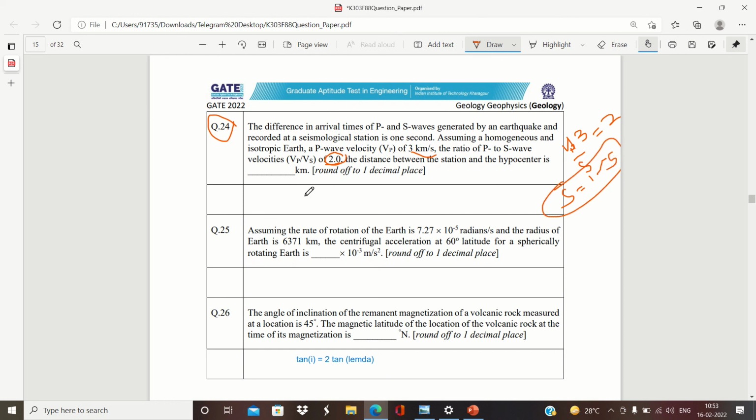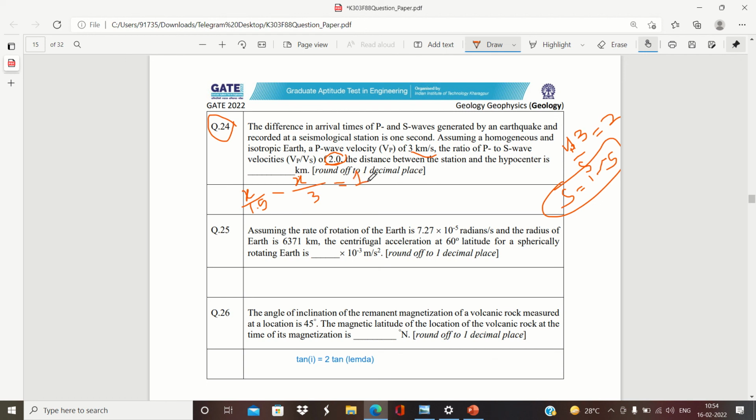Now simply we can use the normal time and distance equation. The time difference is 1, so the time taken by S waves, let us say the distance is x, is distance divided by velocity, that is x over 1.5, minus the time taken by P waves, that is x over 3, is equal to the difference, which is 1.